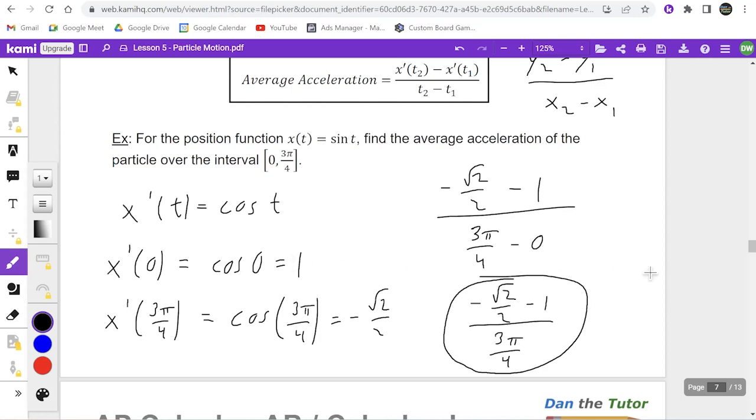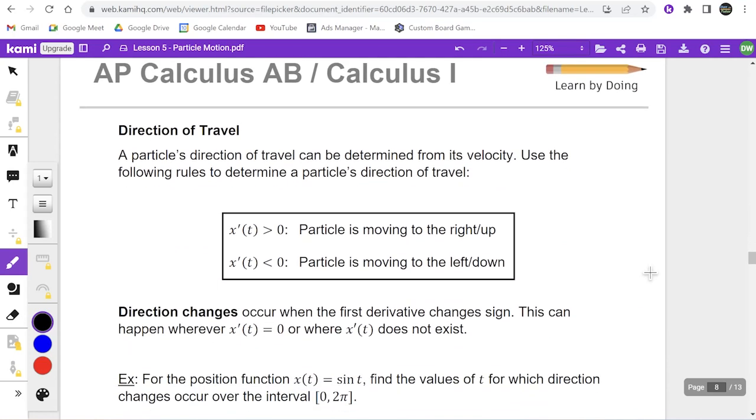And now the next thing we're going to be talking about, and again, I know it's a lot being thrown at you at once, but just see what you can remember, and then that's what the homework is for. The next thing we're going to talk about is the direction of travel. Basically, if you have a positive first derivative, that's like a positive velocity.